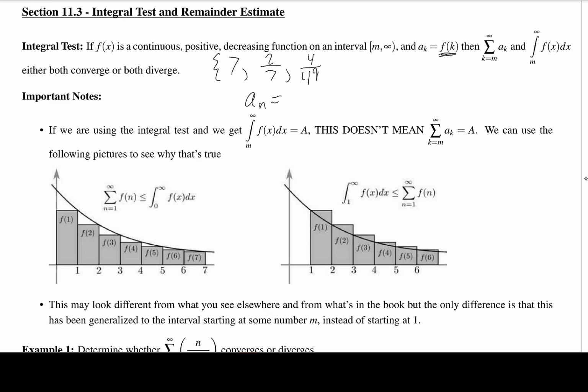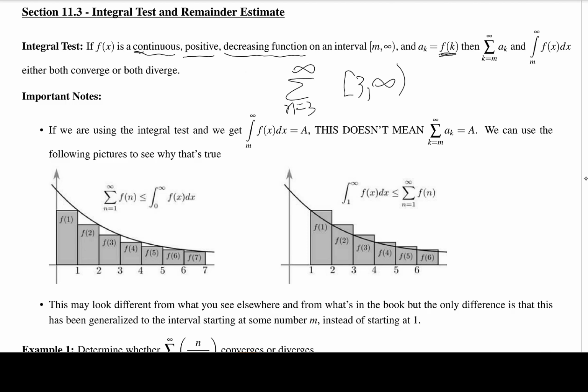Now, we've talked about what we're doing here. What we need is that when we model our sequence with this f of x function, we need f of x to be continuous, positive, and decreasing on the interval that we're summing over. So if I give you the sum from n equals 3 to infinity, then the interval that I'm looking at is 3 to infinity.